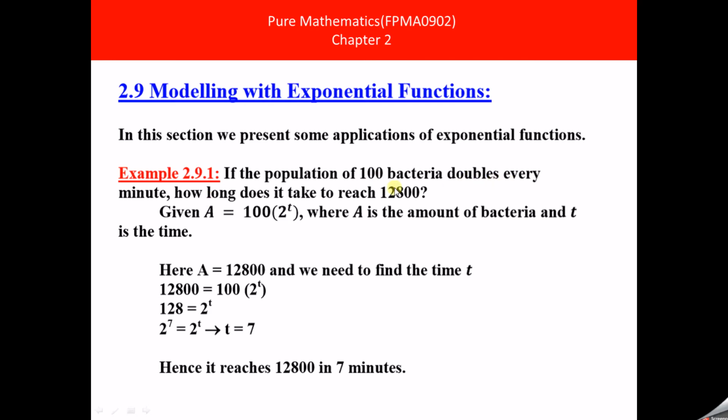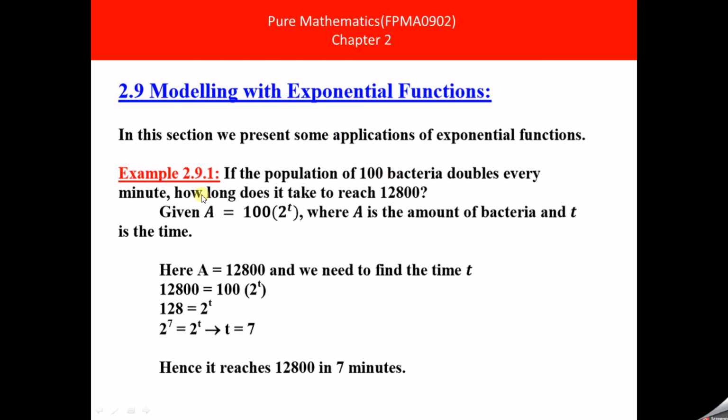Doubles every minute means it is multiplied by 2 every time. So starting 100, after 1 minute it is doubled, that is multiplied by 2, 200. Again after another minute, the second minute, it doubles again. That means 400. After that 800. So each time it is doubled, that means we are multiplying by 2 each time.